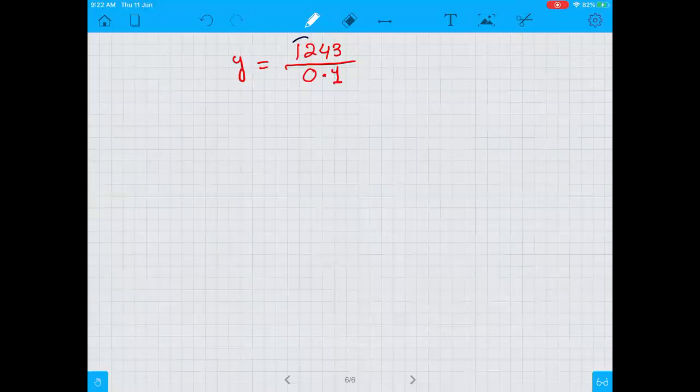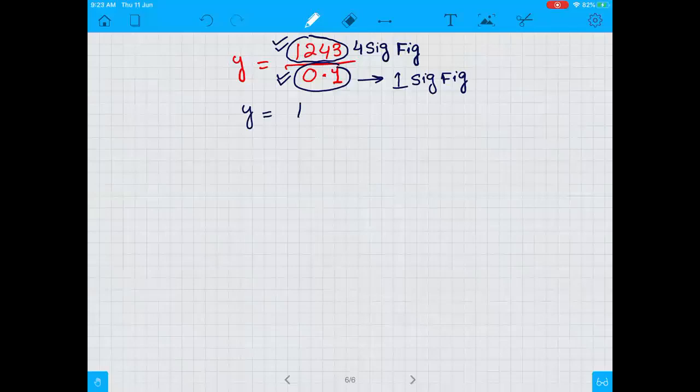Here you have 4 significant figures, and here you have only one significant figure. Now as a result, if you divide these two numbers, the answer would become 12430. But this answer is not acceptable as the significant figures are not correct.